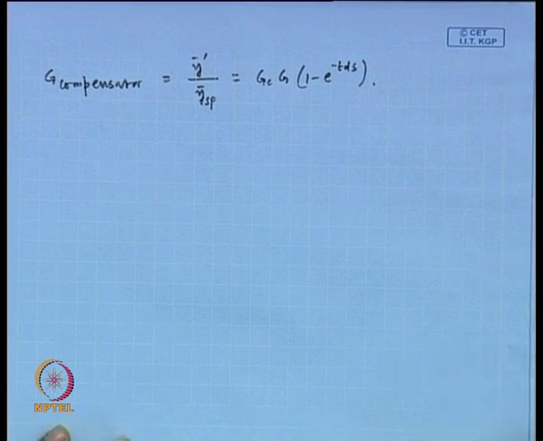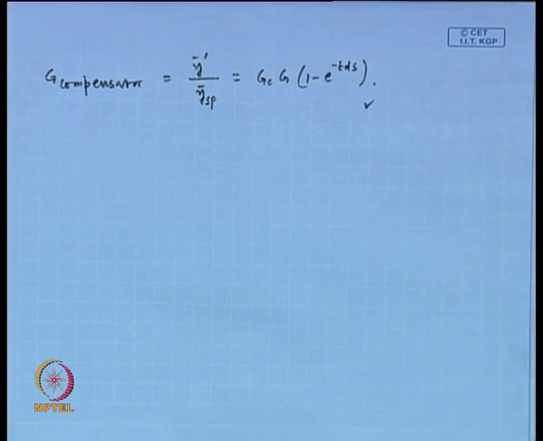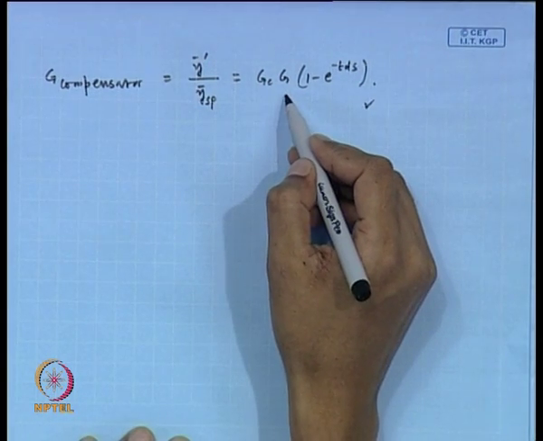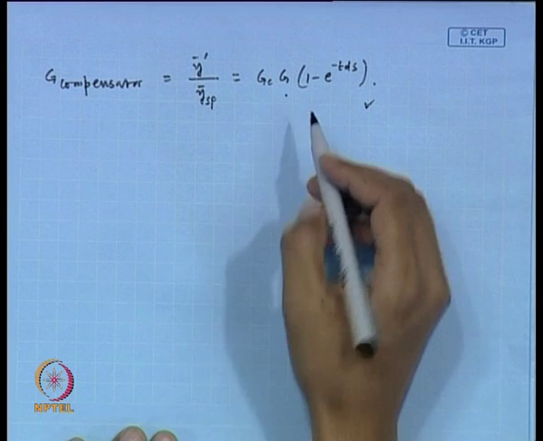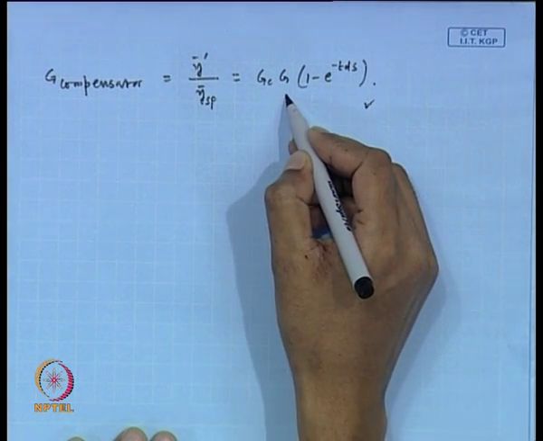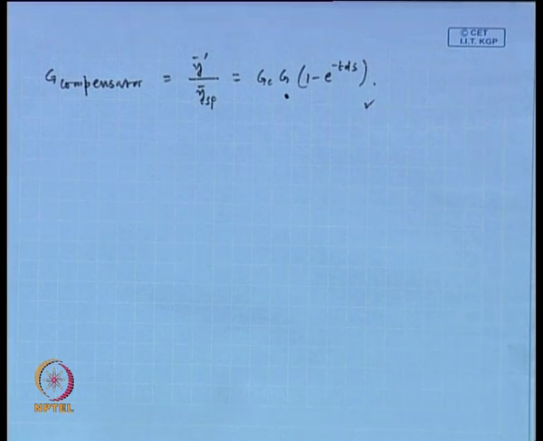Fine. Now, in this expression Z and TD are involved. Now, Z is the process model and TD is the dead time. So, the dead time compensator depends on the accuracy of process model as well as the value of dead time.